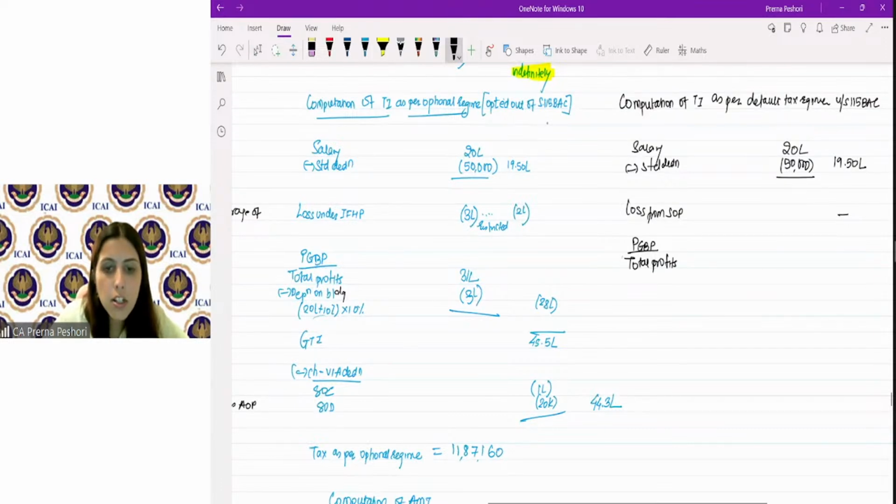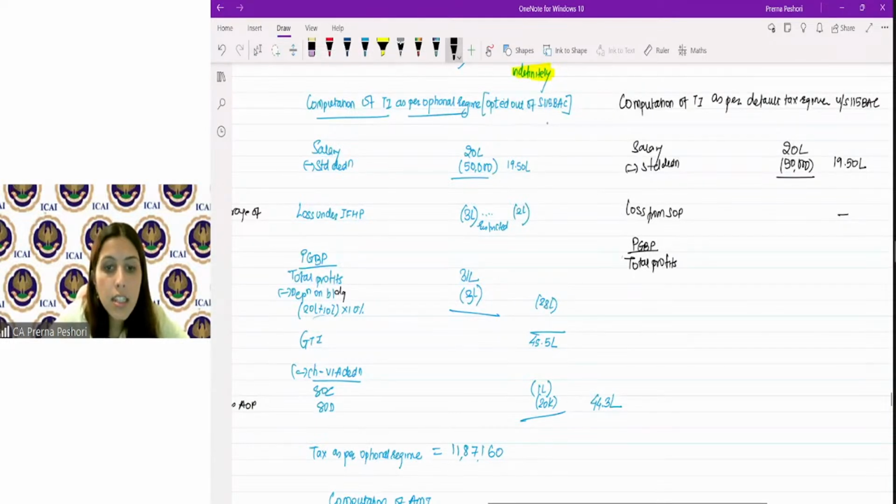Yes, Geeta, correct. 35AD deduction will not be allowed. Yes, Namrata, let out is allowed, but the loss from let out also is not allowed. You can only have the inter-source set off. You cannot have the inter-head adjustment. You cannot set it off against any other head of income.